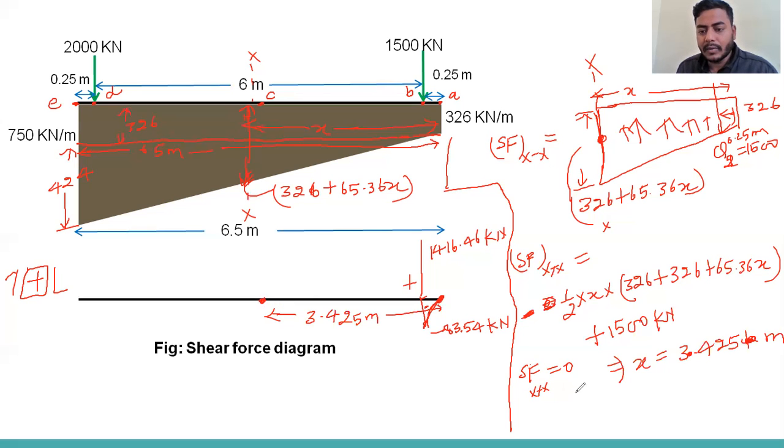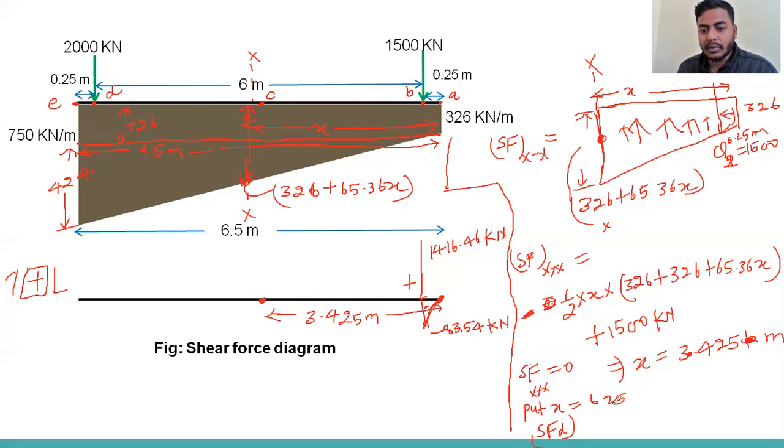Now put x equal to 6.25. 6.25 means we are calculating shear force at D. D point on the left side is 6.5 minus 0.25, so we'll get 6.25.